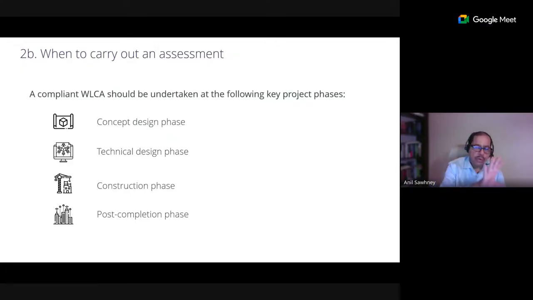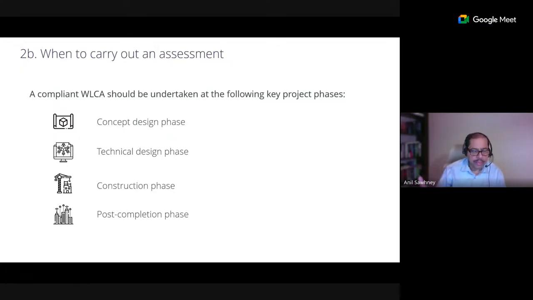So let's say now you have set the goal, picked up your information modules. Now you have to decide when you're going to carry out the assessment. It's generally minimum 4 times during the project's life cycle. During the concept design stage, so very early on, remember early in the project, you have minimal information, but you still want to calculate cost and carbon. So the concept design stage. Then you do it at the technical design stage when you have detailed design information.